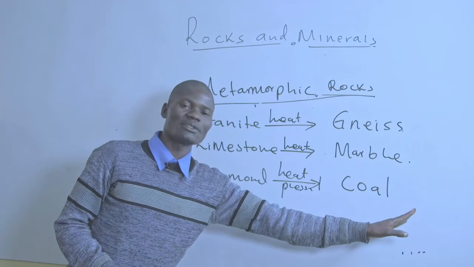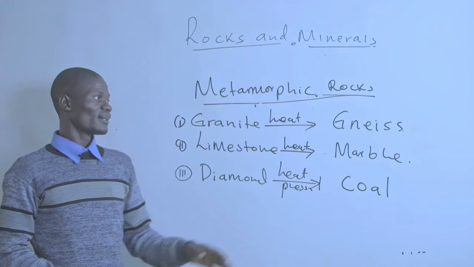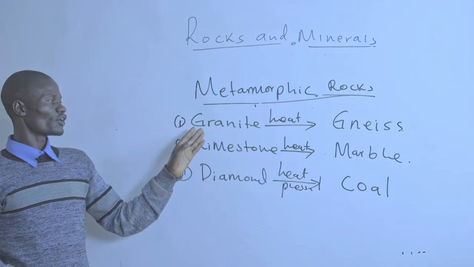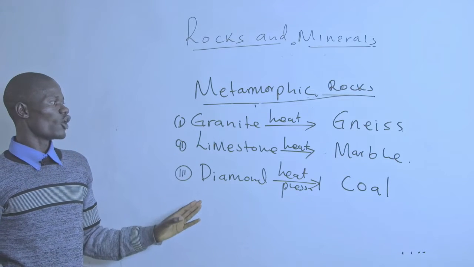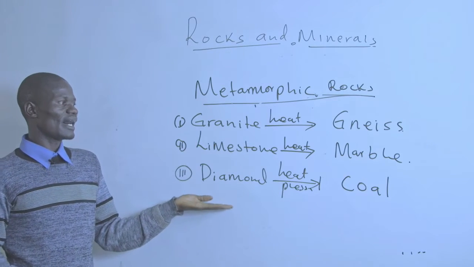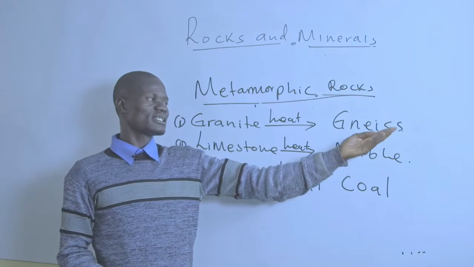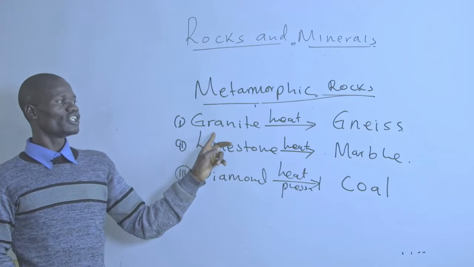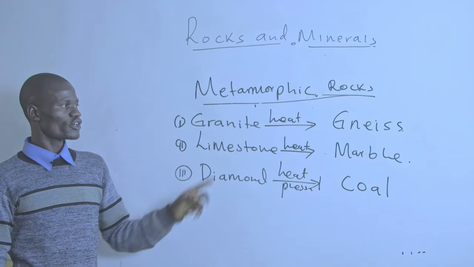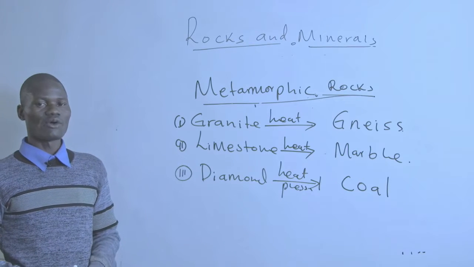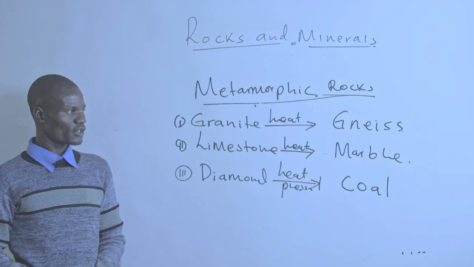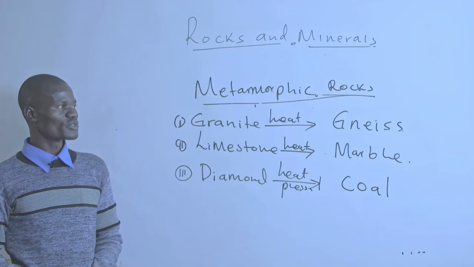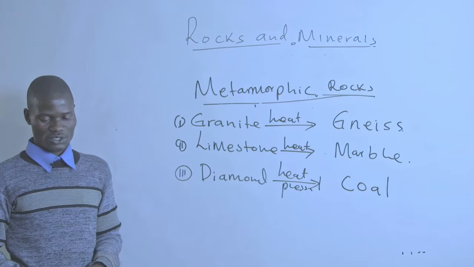These are examples of metamorphic rocks coming from rocks that were previously formed, either sedimentary or granite, but they have acquired new characteristics that are different from the initial, what we call the parent rock. These are more about the metamorphic rocks, and we have come to summarize parts of these rocks.